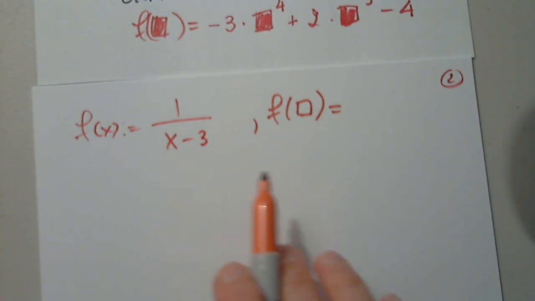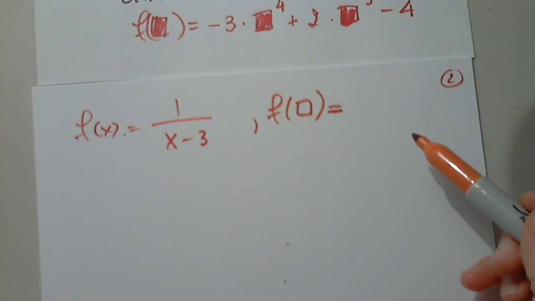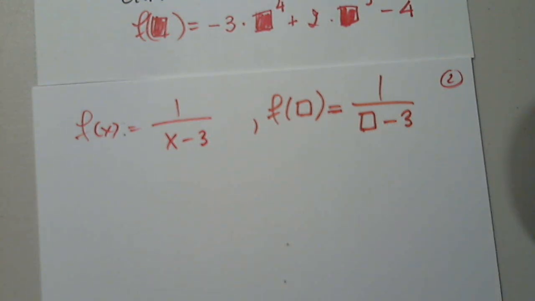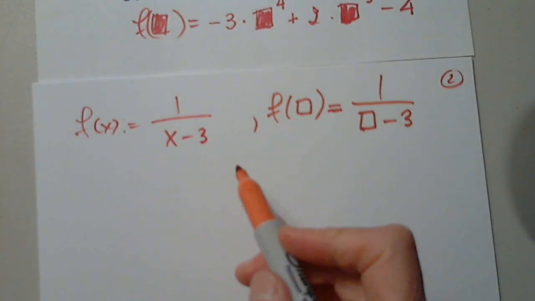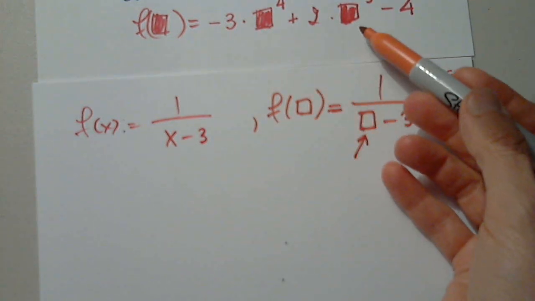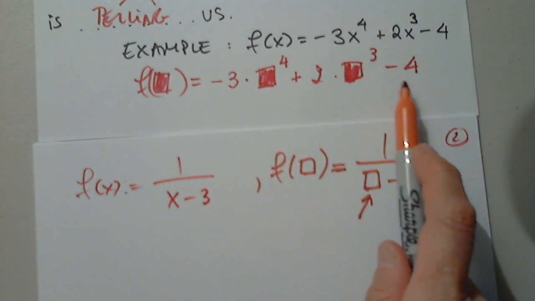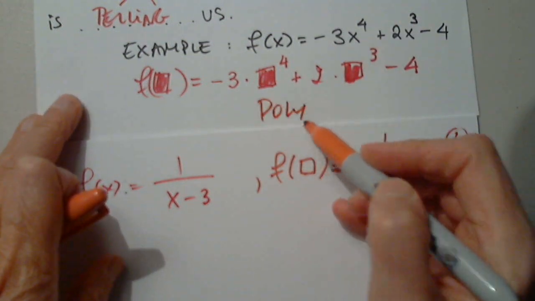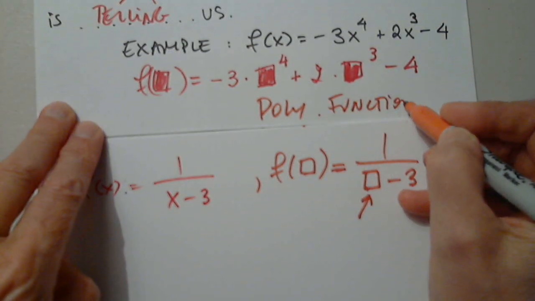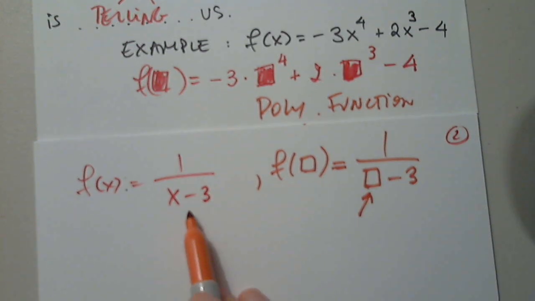F applied to x is applied how? 1 over whatever minus 3. Excellent. But the question is, can whatever be anything? Here I said x can be anything in the previous example, because this is a polynomial function. But what about here? Can x be anything?